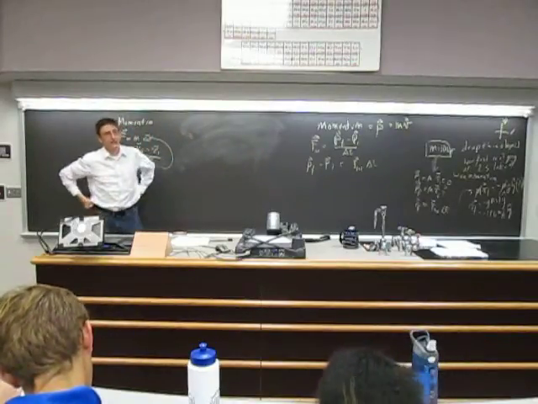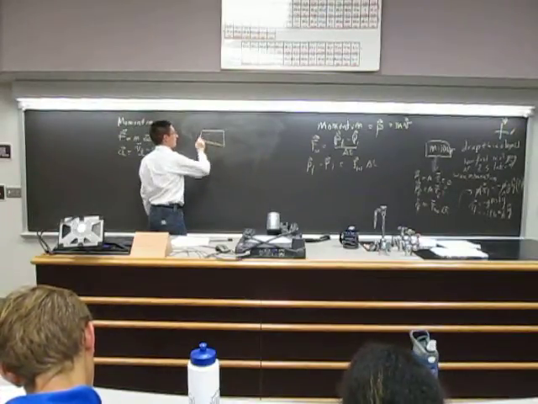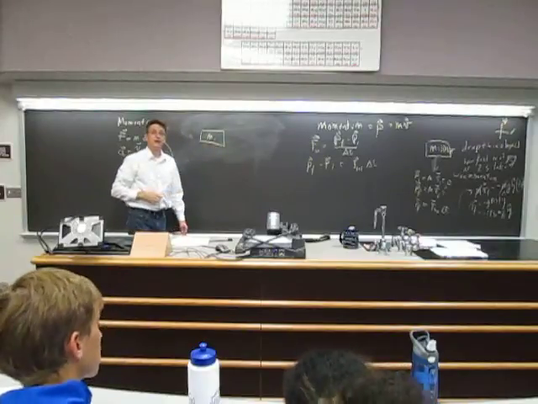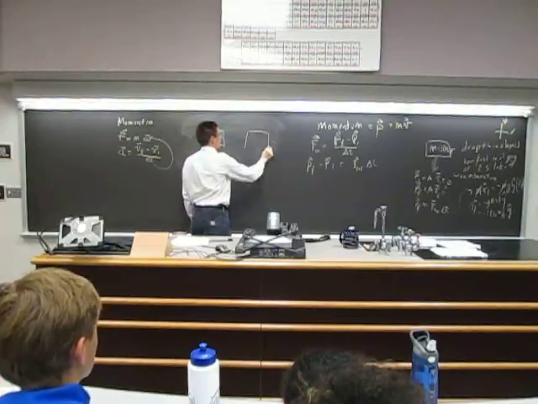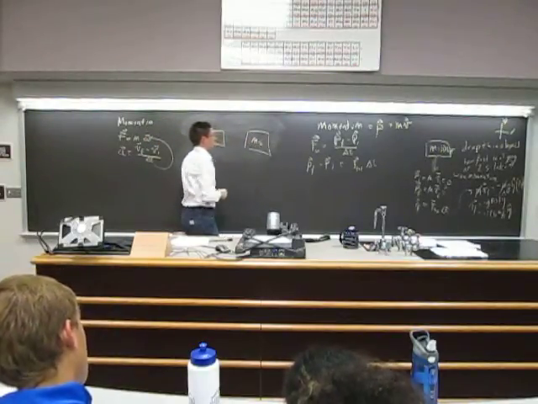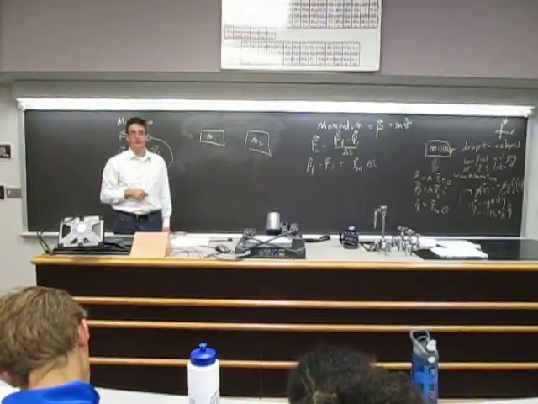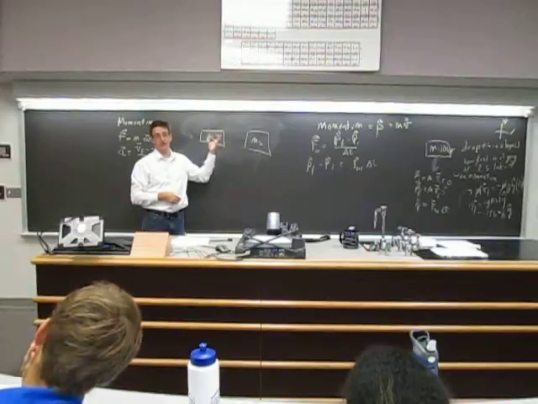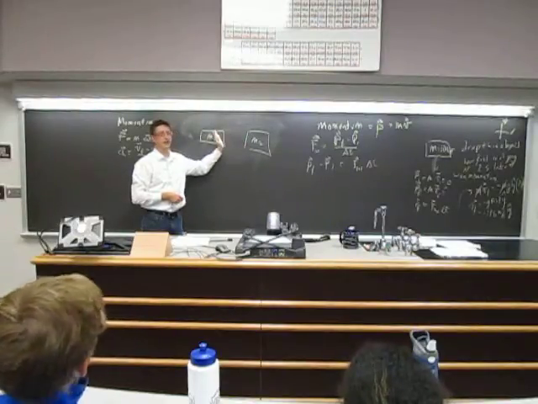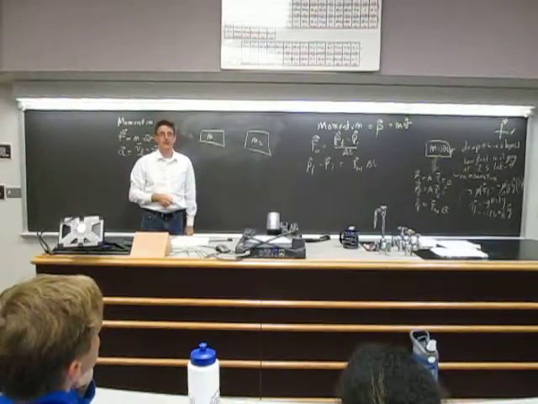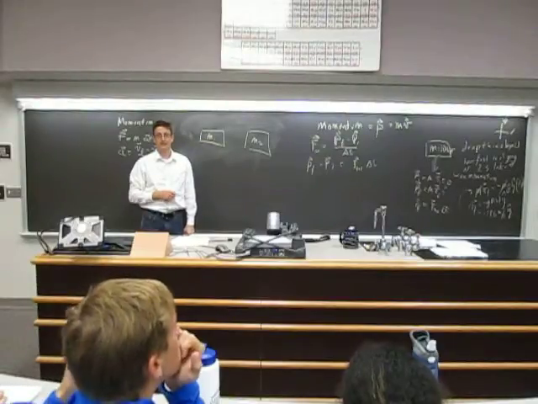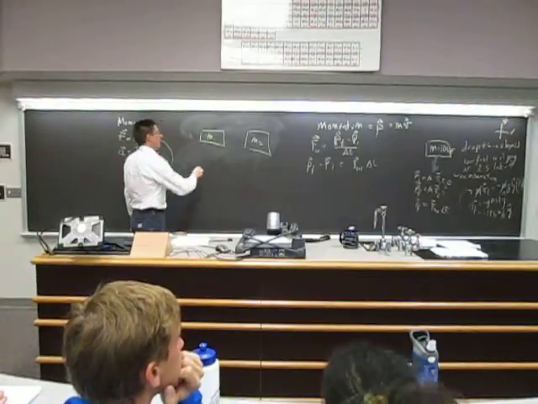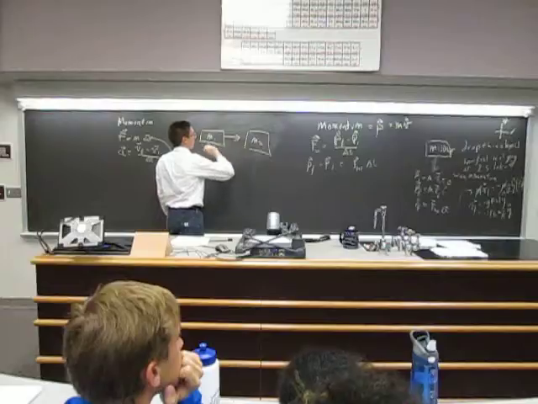Okay? So let's say I have a mass 1 and a mass 2. And somehow or other, with some sort of force, it could be a rope between these, it could be them hitting each other, there could be magnets. Somehow they're exerting forces on each other. And let's just say, I'll just draw this line.